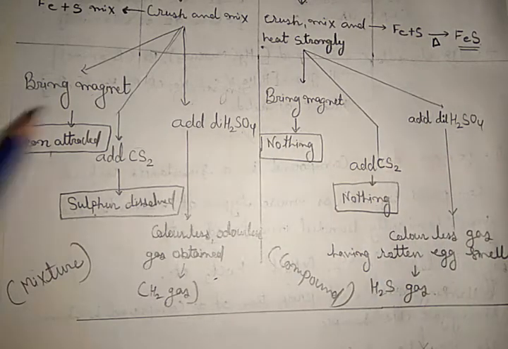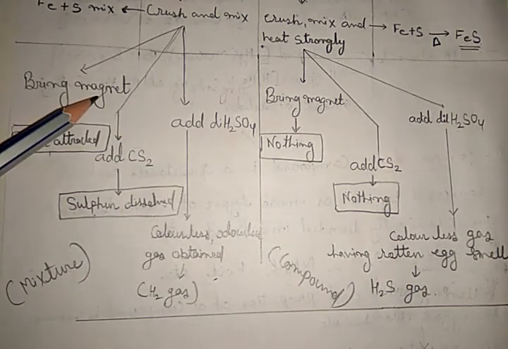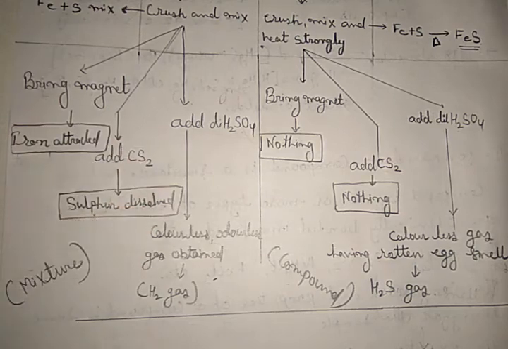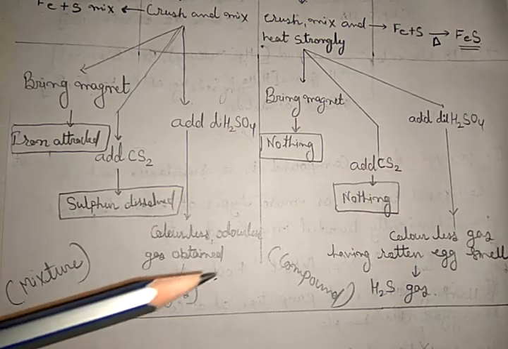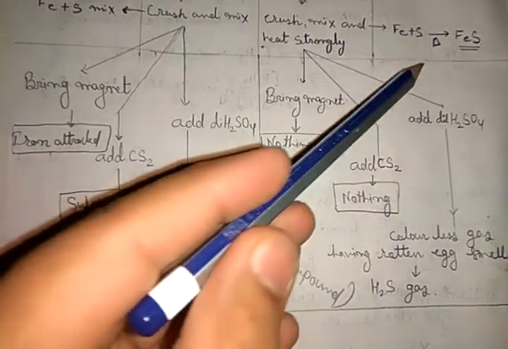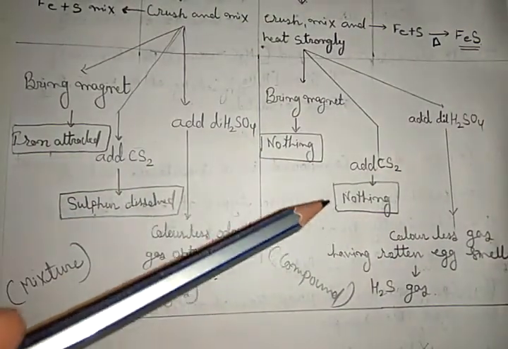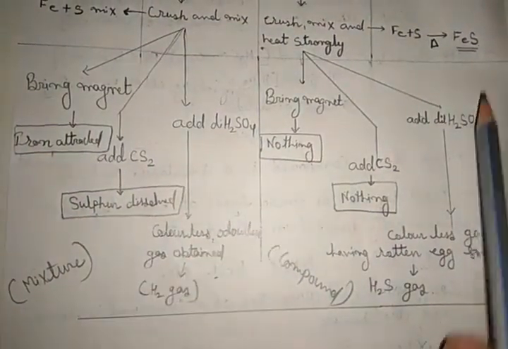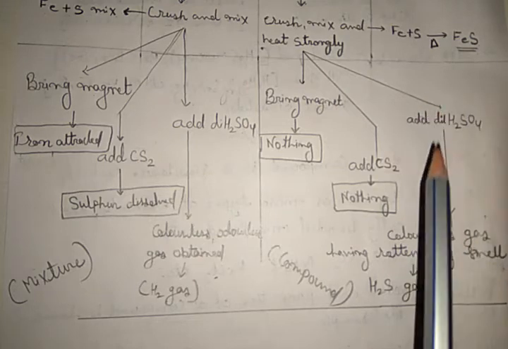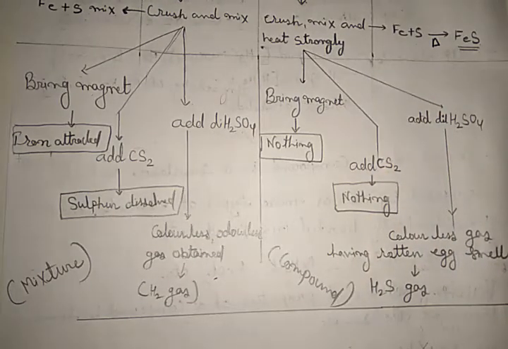That means in the mixture, iron and sulfur give their tests separately, but here they give their test combinedly. They lose their identity, their properties. So that is the difference between the mixture and the compound.